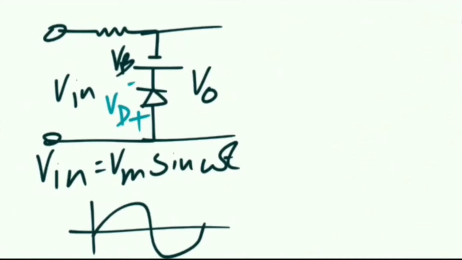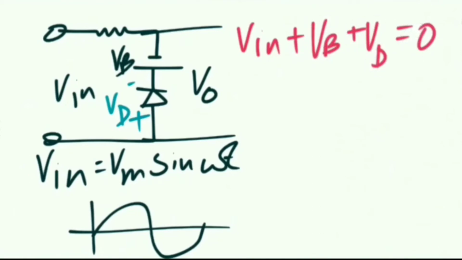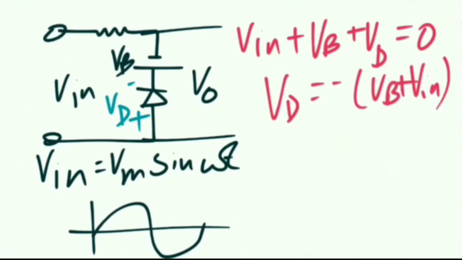Now let us see the biasing conditions in the circuit. So put KVL in this mesh. So we will have Vin plus Vb plus Vd equals 0. That is Vd is equal to minus of Vb plus Vin. Now for the forward biasing of the diode, the polarity that I have shown in the circuit should remain the same, that is Vd should be greater than 0, and that means minus of Vb plus Vin is greater than 0.